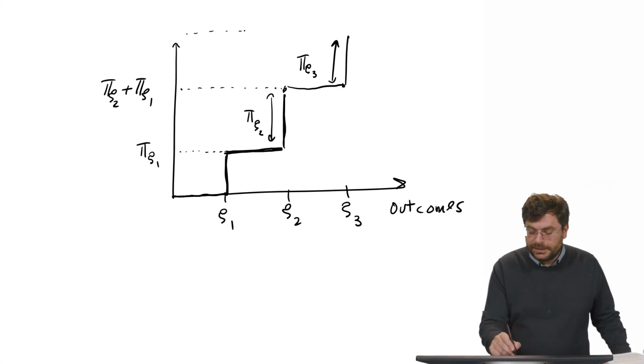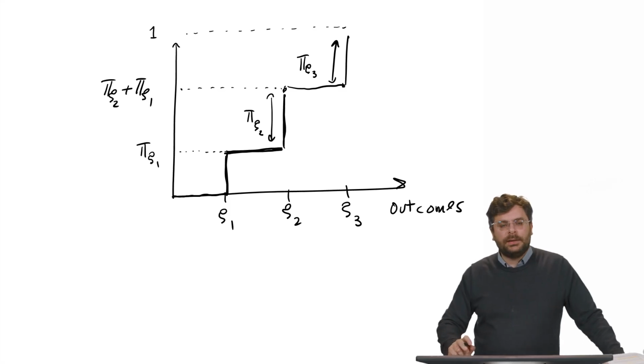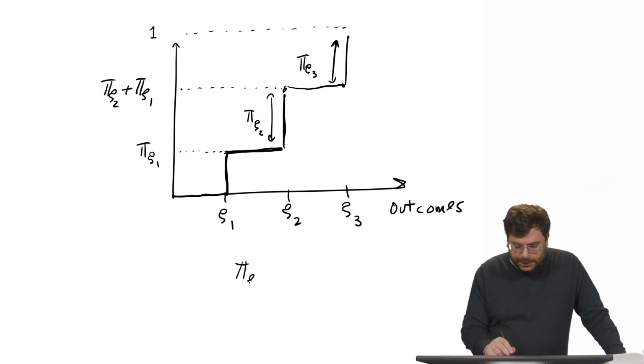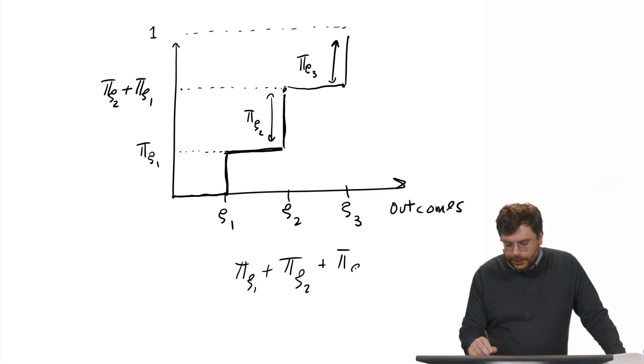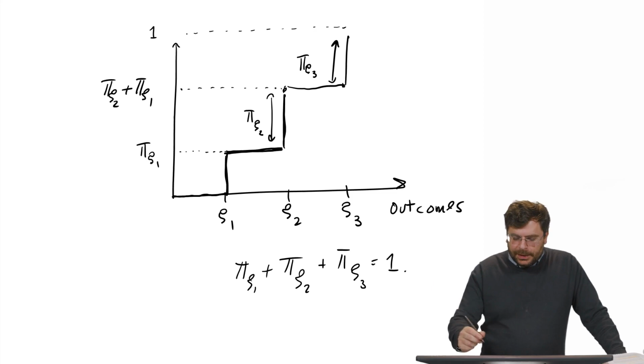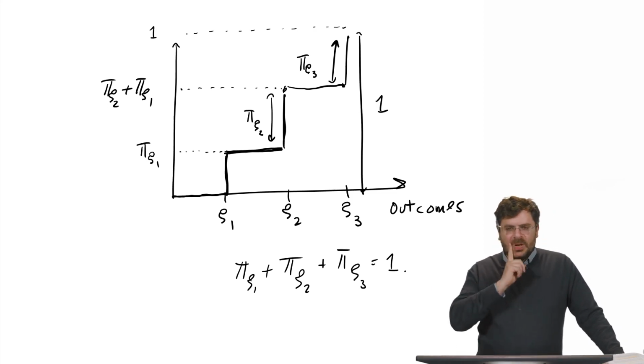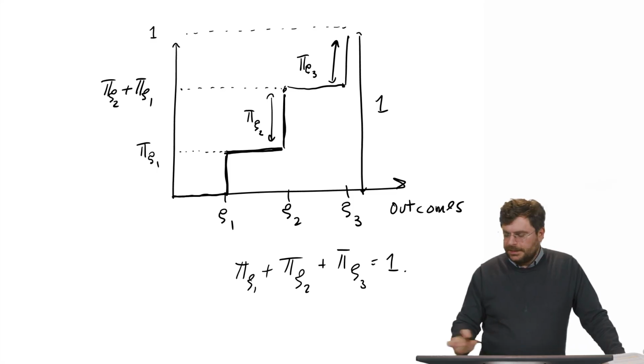In other words, what is this height going to be? Well, the height will be equal to 1, because of course pi rho 1 plus pi rho 2 plus pi rho 3 equals 1. This here is of height 1. Great. So now that I've done this, let me draw it a little bit more neatly without all of the annotation.